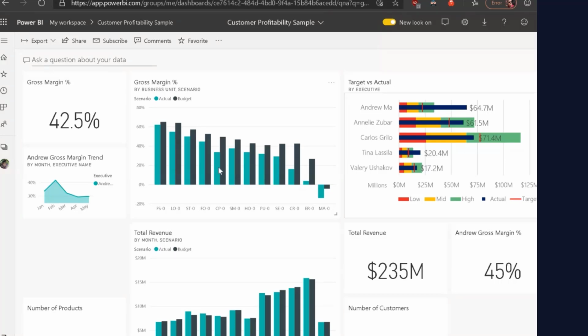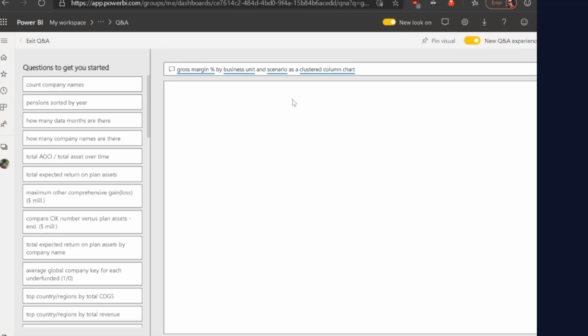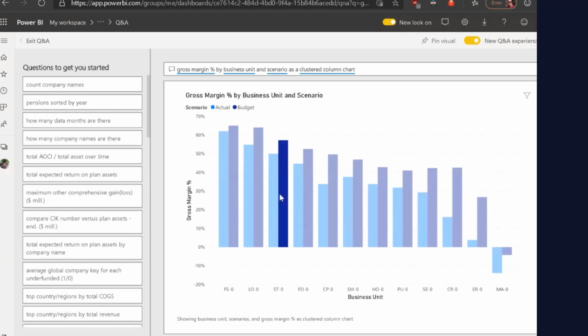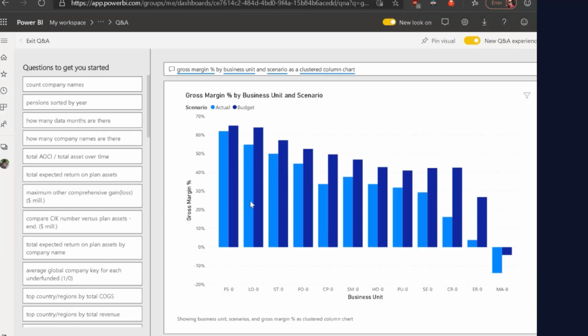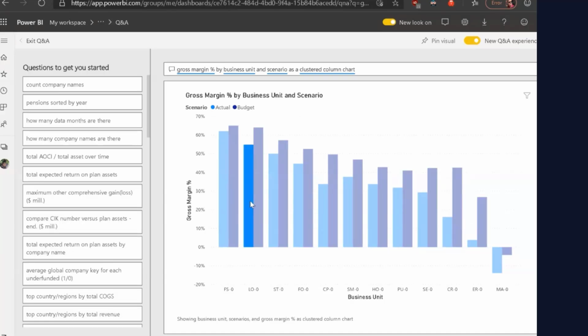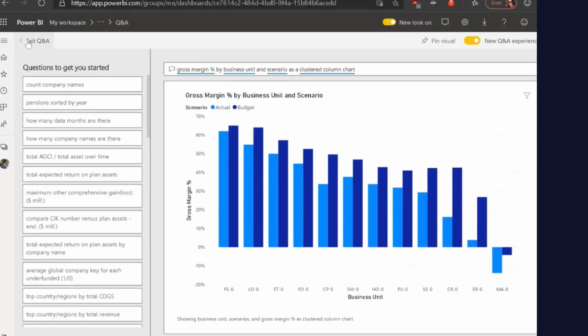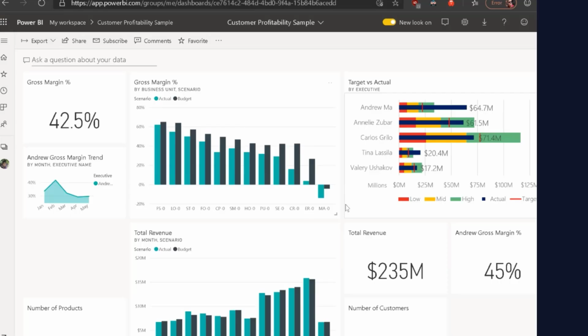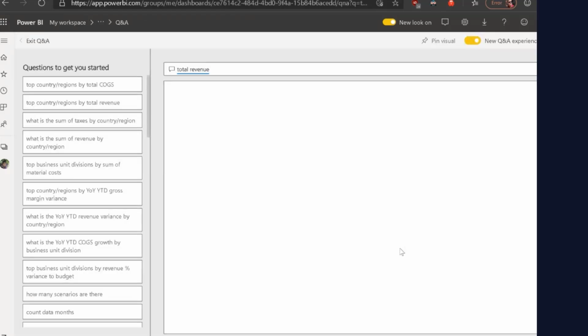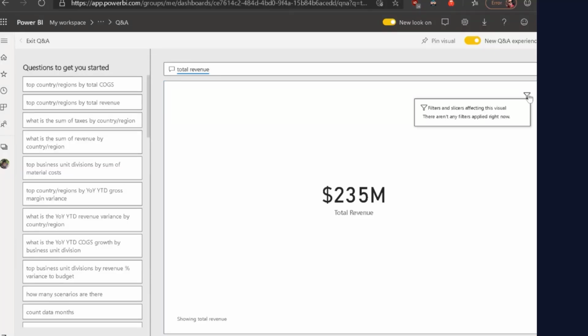So I can click through this gross margin worksheet and I can get into the underlying data or highlight specific values. It's much more interactive than just a PowerPoint chart. And I can figure out what it is that I'm looking for in terms of what the underlying transactions are for that. I can filter it.